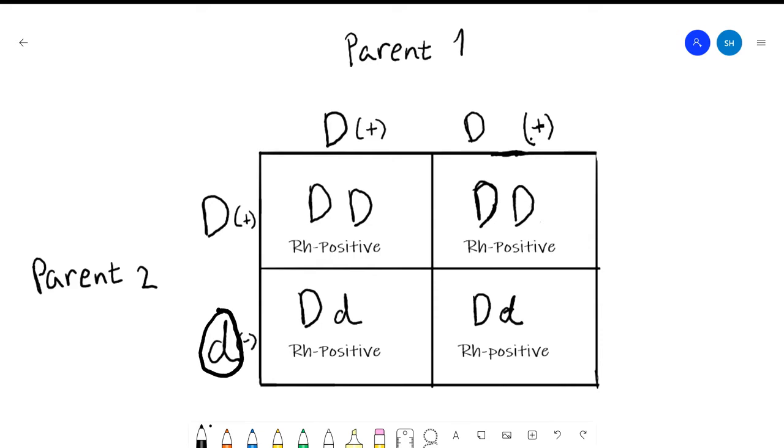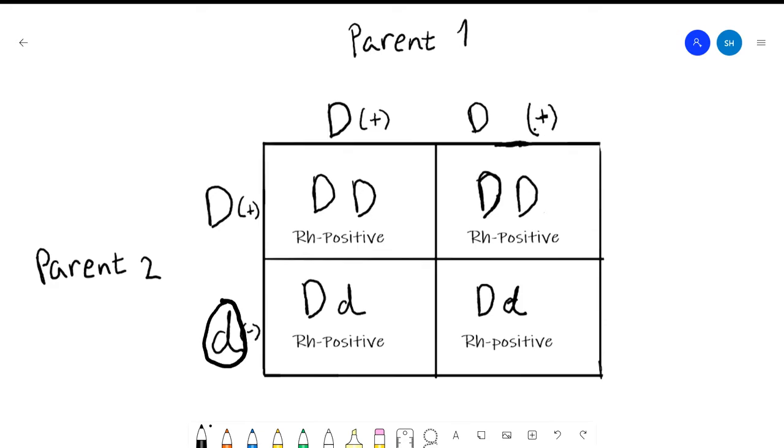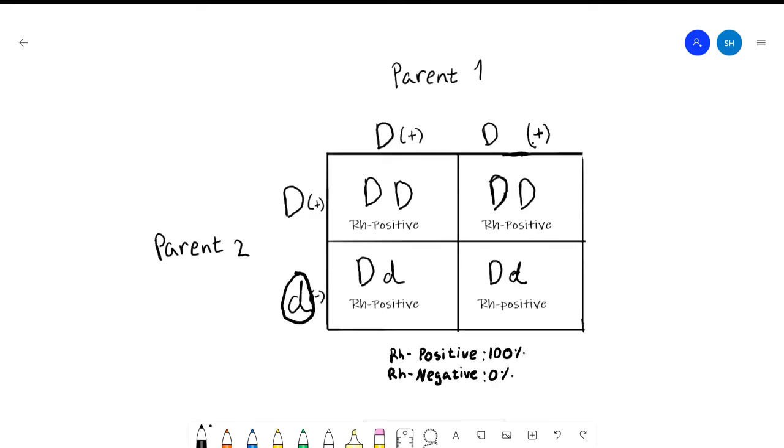So in this case, the uppercase D is the dominant one, which is the positive one. So that will win over the negative allele. So that's why the child of these two people has a 100% chance of having Rh positive. So that's the third possibility.